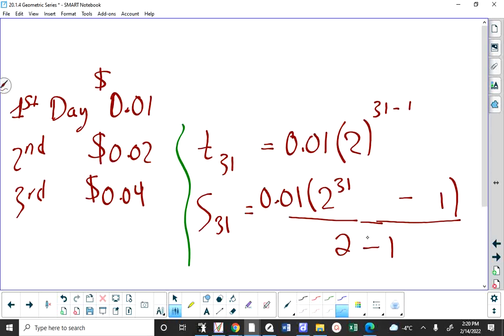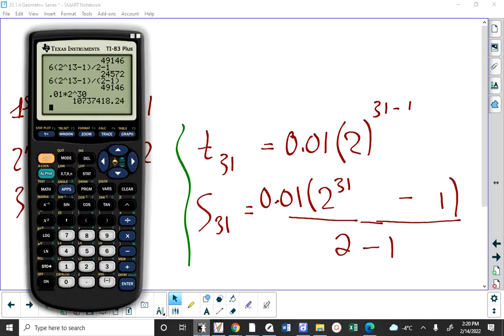So what would this be? This is a total. 2 raised to the 31 minus 1 times 0.01. Looks like about $21.5 million roughly.